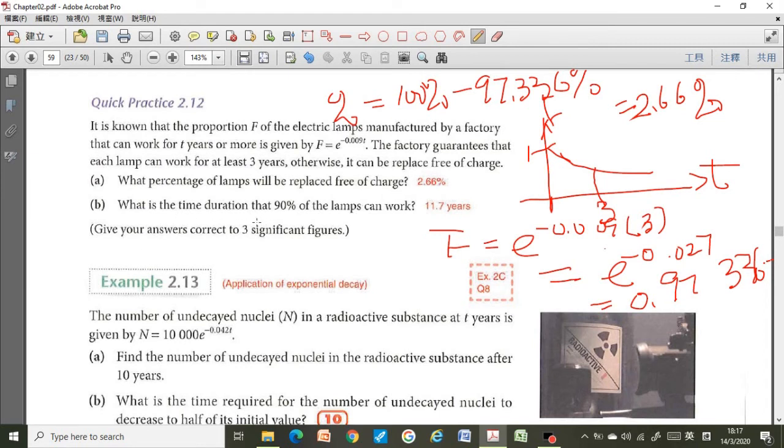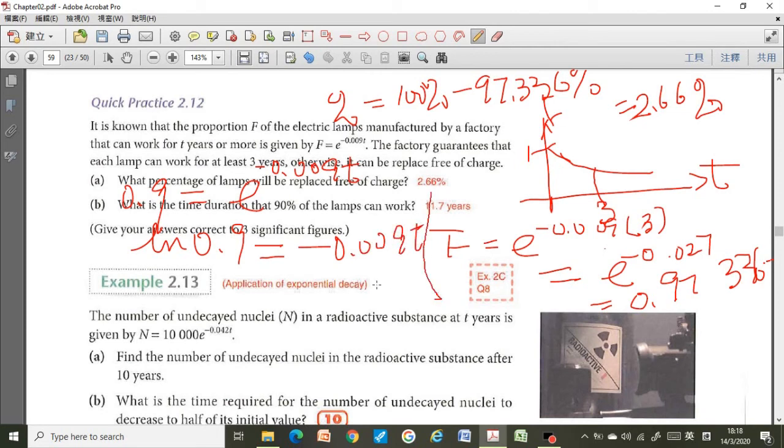What is the duration that 90% of them can work? That means the fraction will become 0.9. So you get 0.9 equal to e to the power negative 0.009t. Taking logarithm on both sides, you have log 0.9 equal to negative 0.009t.